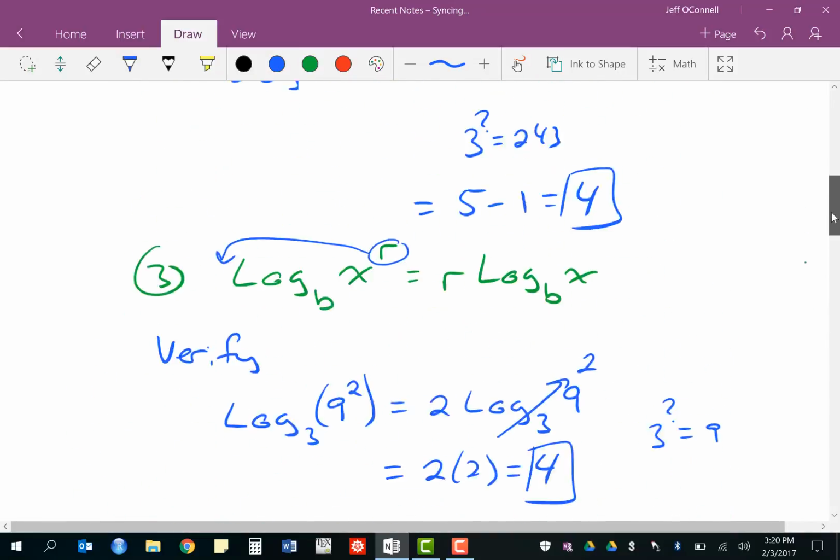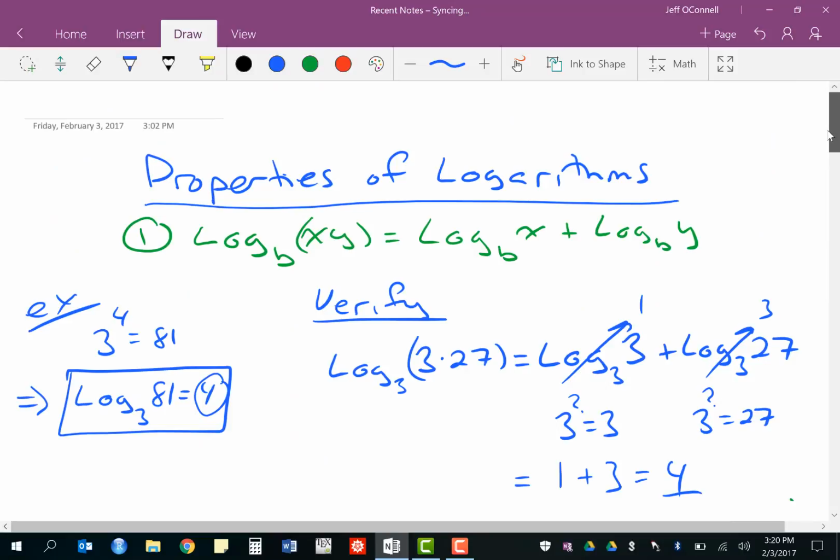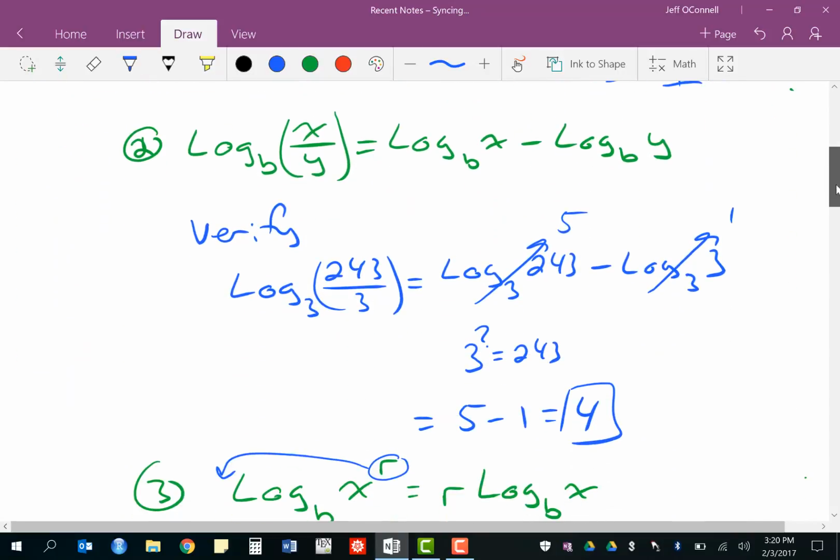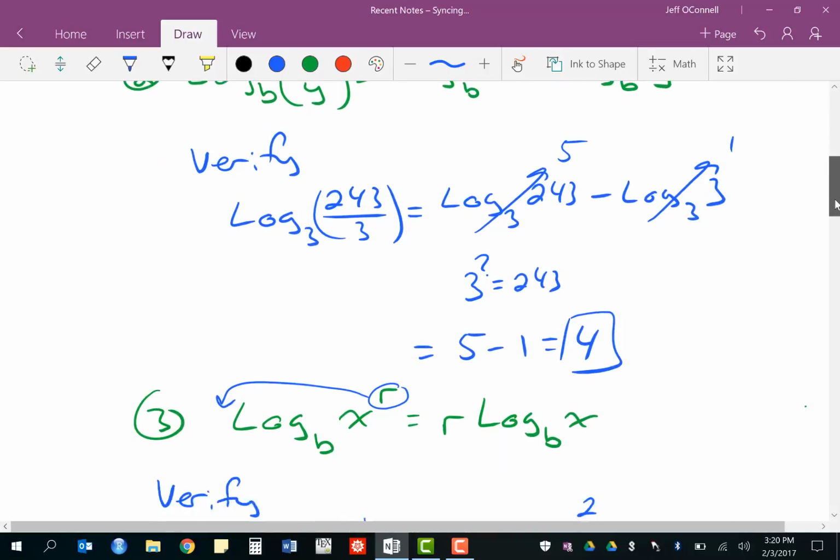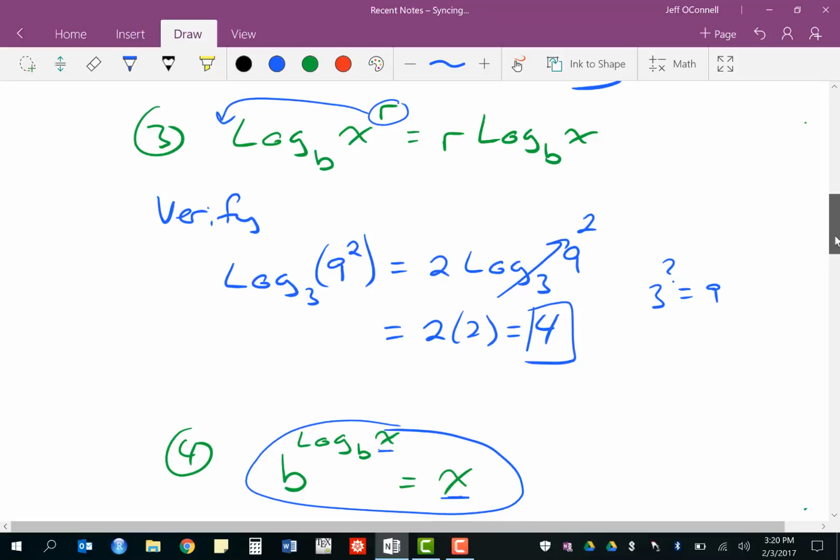Again, let me just kind of scroll up here. So the first property says that the log of a product is the sum of the logarithms. Second property says that the log of a quotient is the difference of the logarithms. The third property says that a log of something raised to a power is the power times that logarithm.